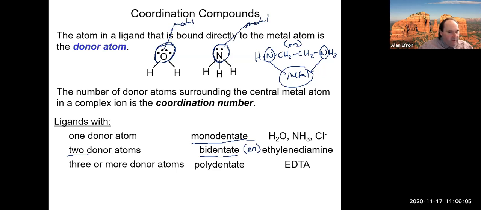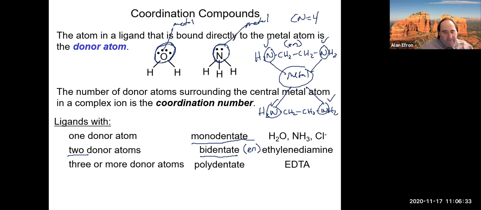For every one of those ens that attach, you get 2 for the coordination number. So if I had 2 of those ens attached to a metal, again the second nitrogen would attach like so. The coordination number here would be 4: 1, 2, 3, and 4 in that particular case.